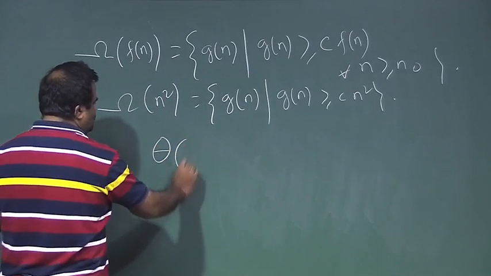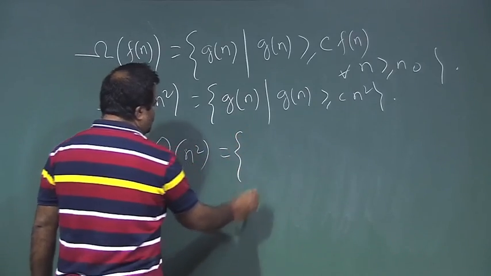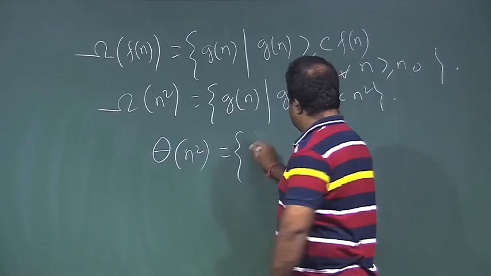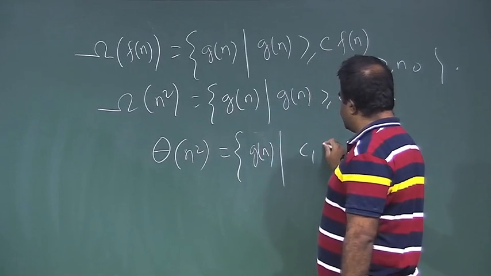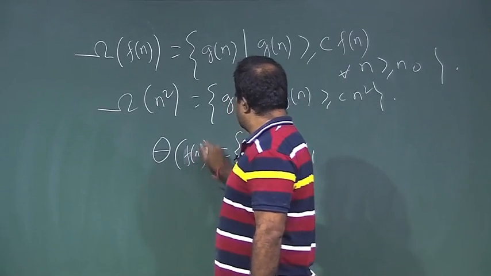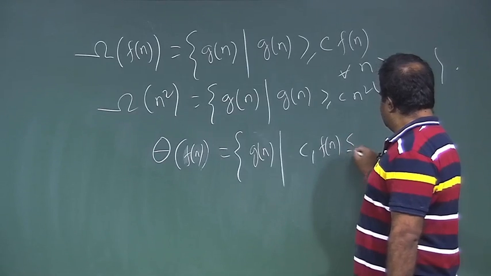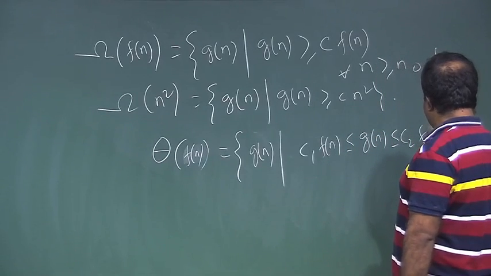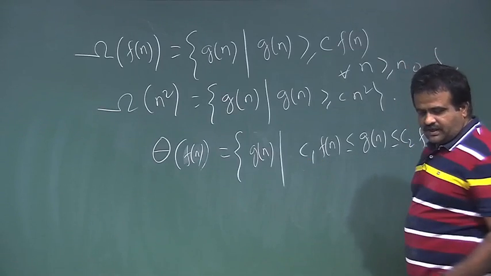Okay. So big theta, of say n square or any other function, is basically the set of all functions such that it is bounded on both sides by this function, say any function f(n): C1 of f(n) less than or equal to g(n) less than or equal to C2 of f(n). Okay. Now, this is big theta.